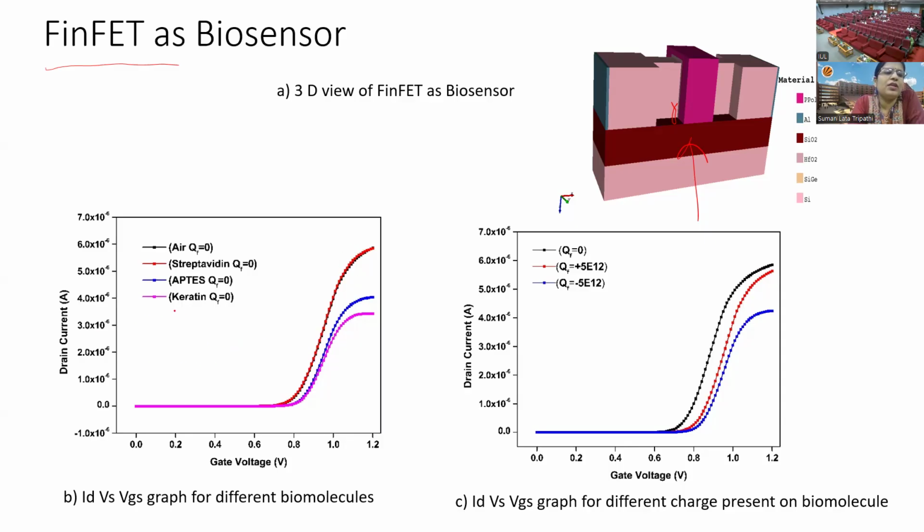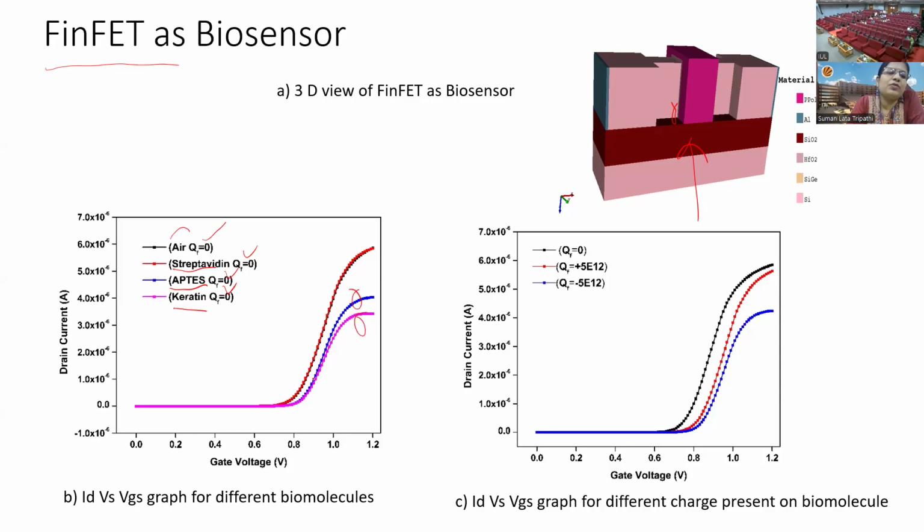Here you can see that although all the biomolecules are considered neutral, with the charge value 0, the dielectric constants of the different molecules are different. Because of the different dielectric constants of air, streptavidin, APTES, and keratin, there are different drain characteristics.